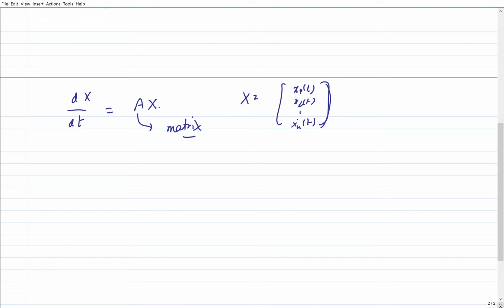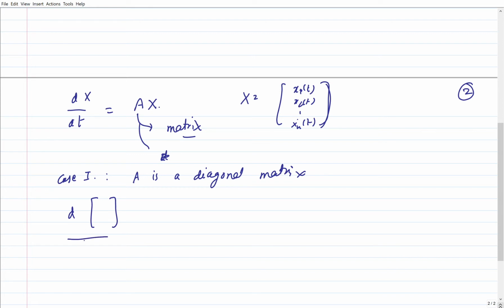So in case A is a diagonal matrix, case 1, well, this is simple. For example, I have the column vector x with dx by dt equal to some diagonal matrix with eigenvalues lambda 1, lambda 2, and so on.